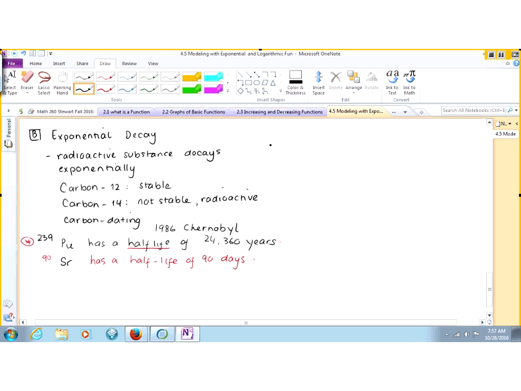There is exponential decay and there is exponential growth. Now, the model is m of t, or n of t, is m naught e to the rt. Is it the same as exponential growth? Yes. What's the difference? r must be less than 0, the relative growth rate.